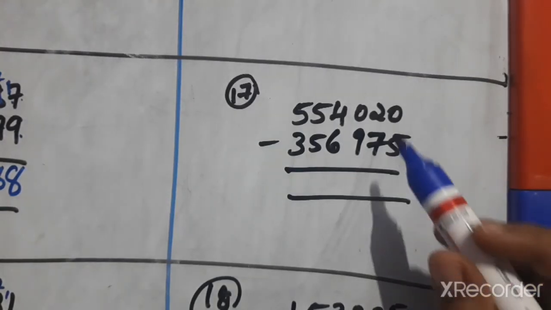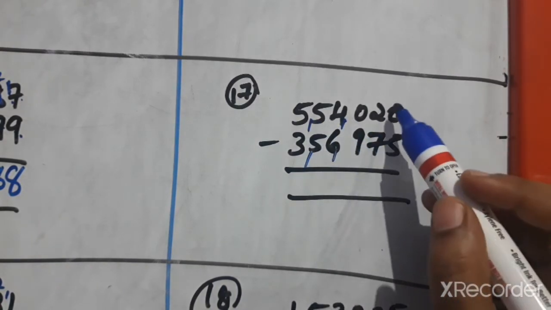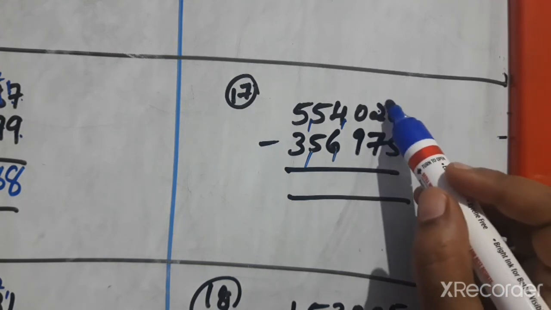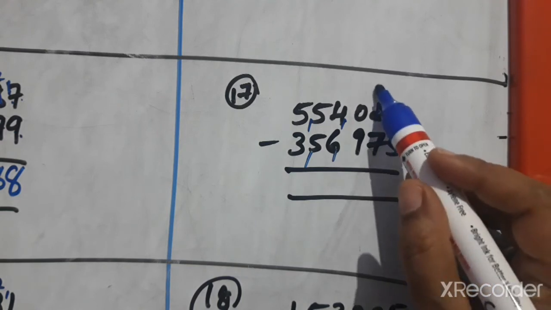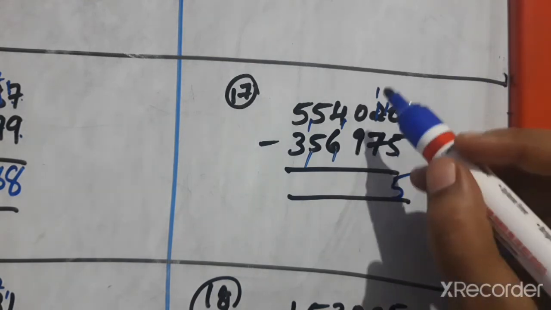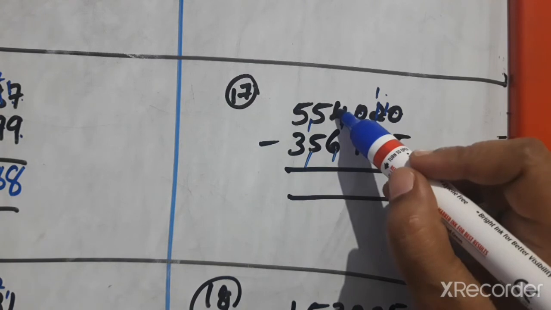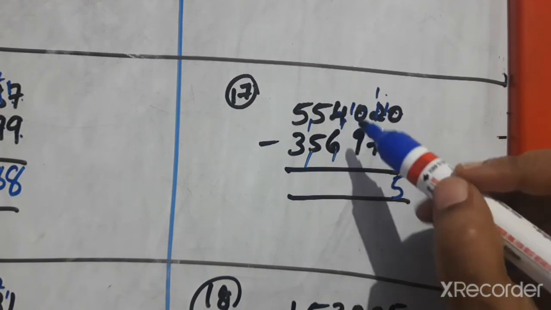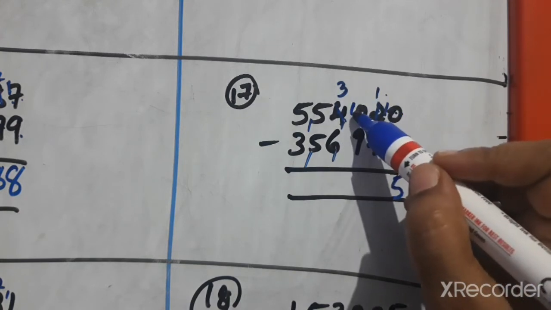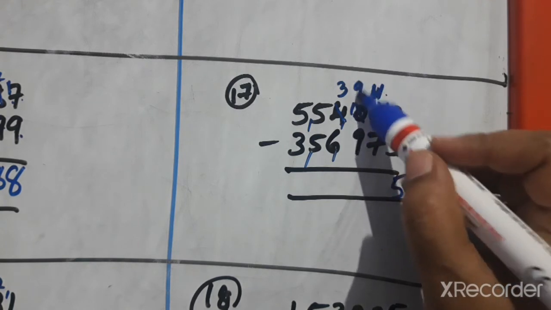Now 17th one, 5,54,020 and 3,56,975. So here 0 minus 5 we can't subtract, borrow 1 from next number, so here it will become 10, and this will become 1. 10 minus 5 is 5, and 1 minus 7 we can't subtract, means borrow 1 from here, here also 0 rupees, so he can't help, so borrow 1 from here. 4 will help 1 here, and 4 will become 3, and out of 10 will help here 1, so here it becomes 11, and 10 is now 9.